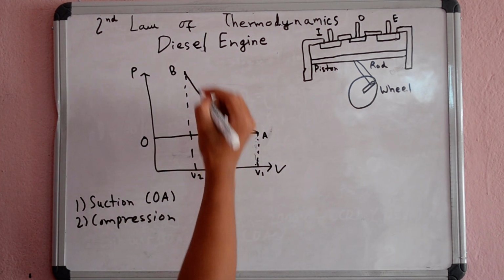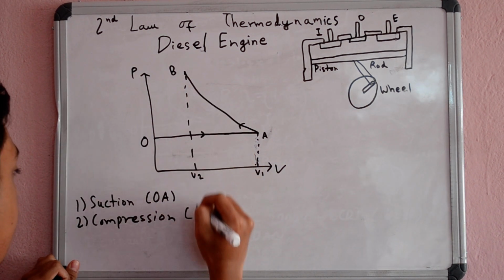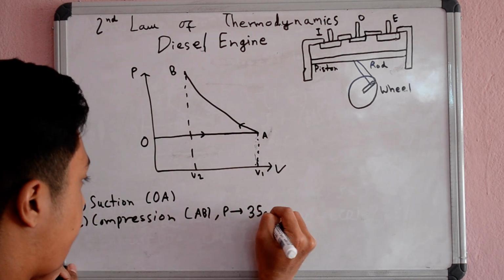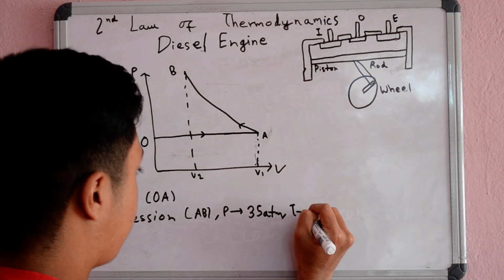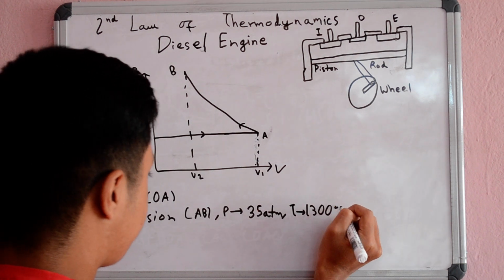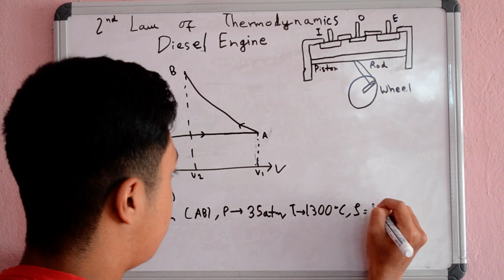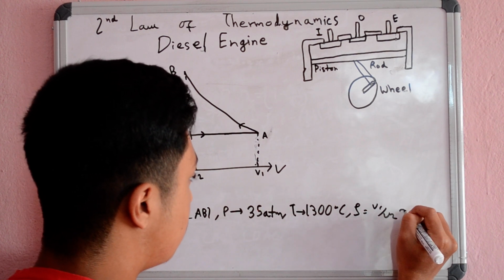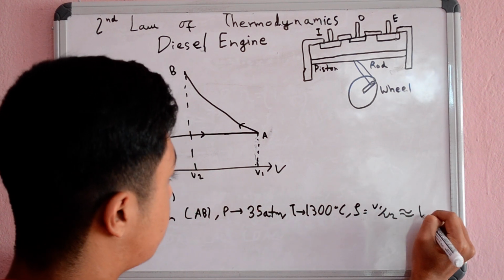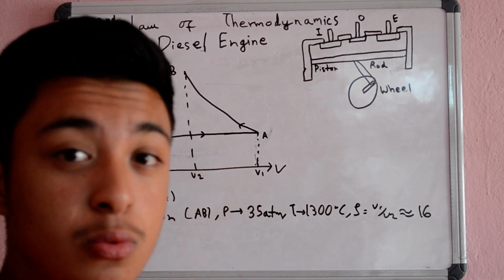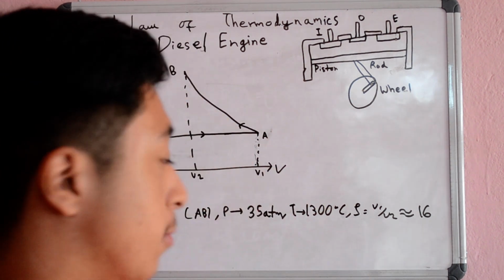So from A to B, pressure rises to 35 atm, and temperature rises to 1300 degrees Celsius. Now, the compression ratio, which is V1 by V2, is almost equal to 16. That means during compression, it compresses to 16th of its original volume.